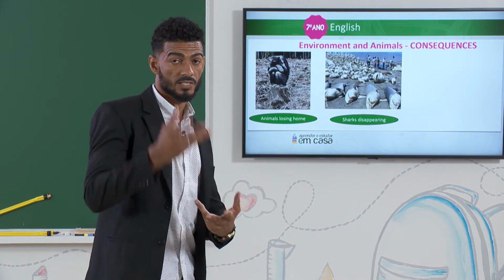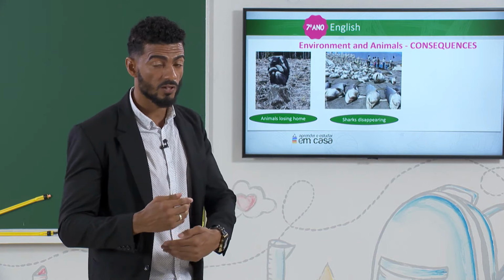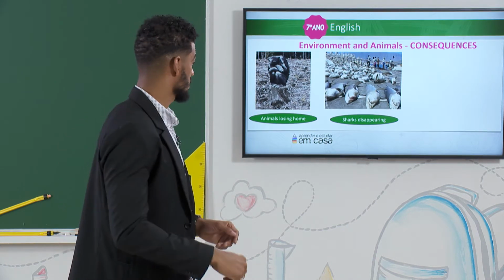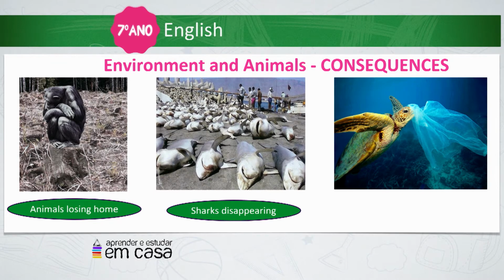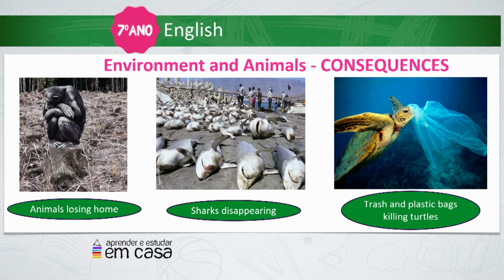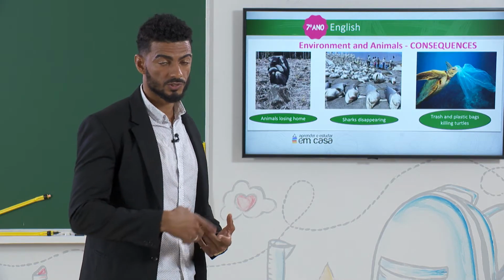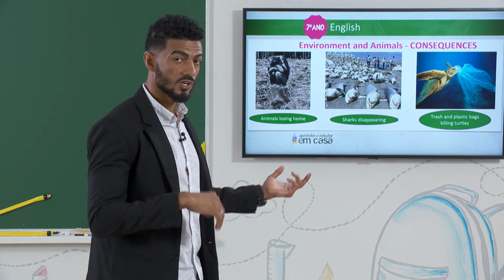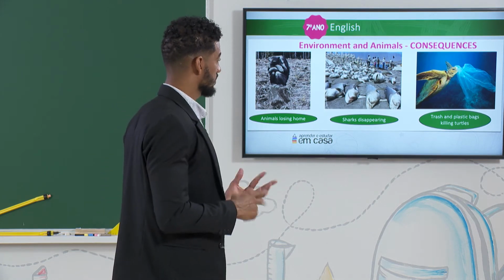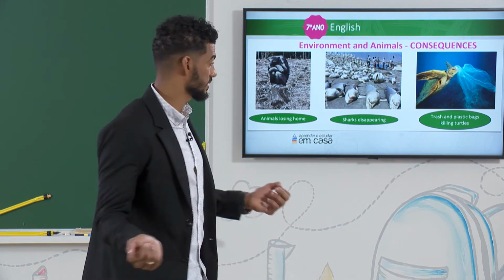The people are fishing a lot, so they can disappear. And another consequence that you can identify in the picture is trash and plastic bags killing turtles. When you drop plastic close to the sea, the turtle can be killed.